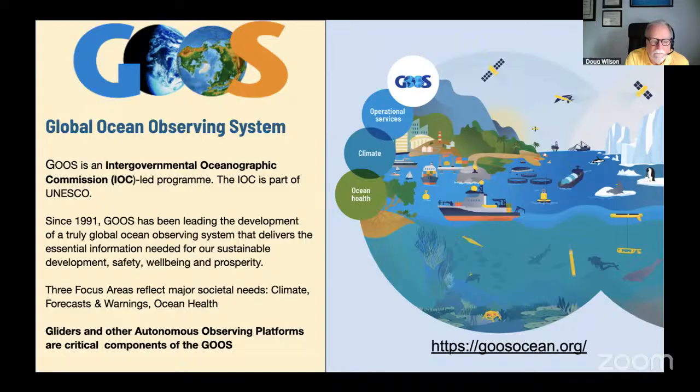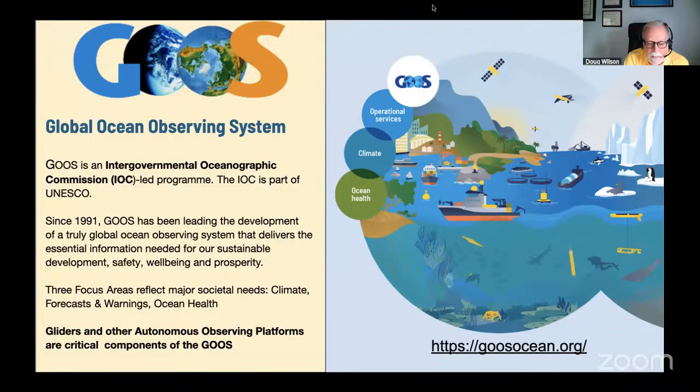It's an intergovernmental IOC-led program, part of UNESCO. Basically, and particularly in the Caribbean, we are trying to develop an ocean observing system to deliver essential information for sustainable development, safety, well-being, and prosperity. And how do we fit with agriculture? How do we fit with drones? You can see there, we try to use numerous tools in collecting ocean observations.